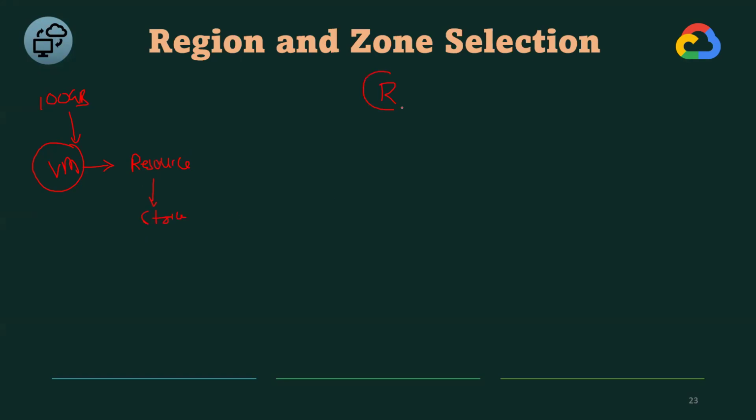Right. So I went to the region. In a region, we have three options: zone 1, zone 2, zone 3. Sometimes you can also think of region 1, region 2, region 3. So this is the location, sir.